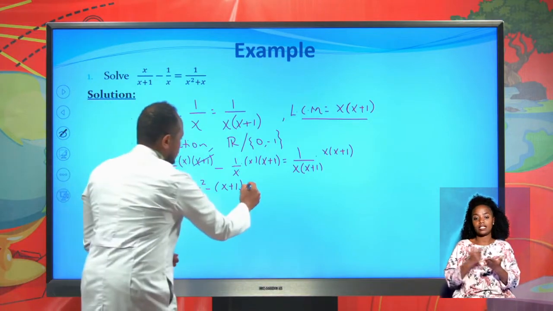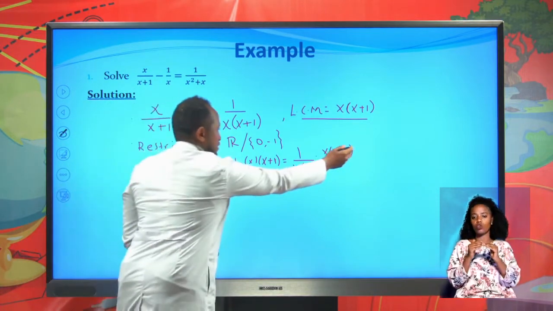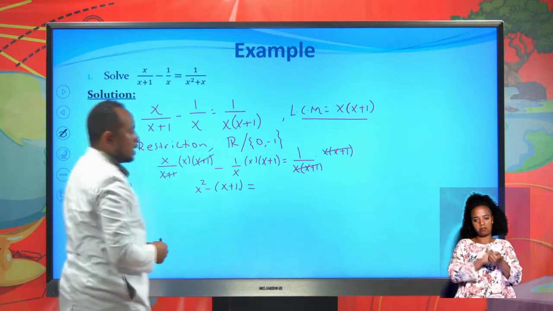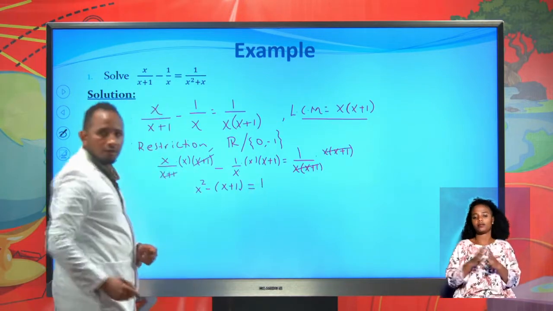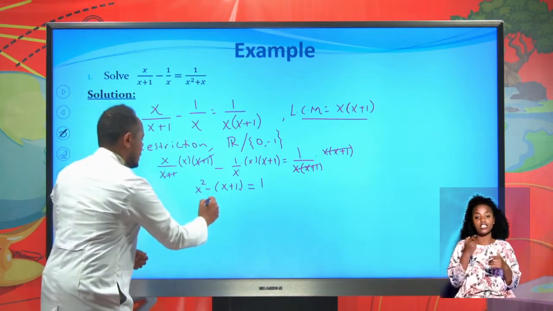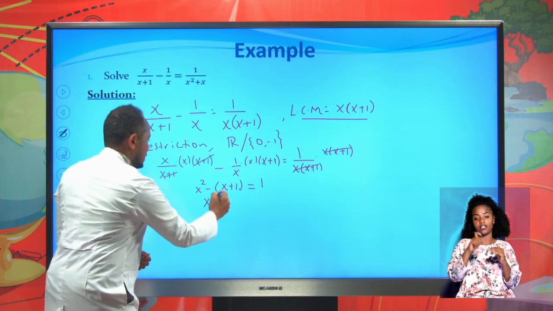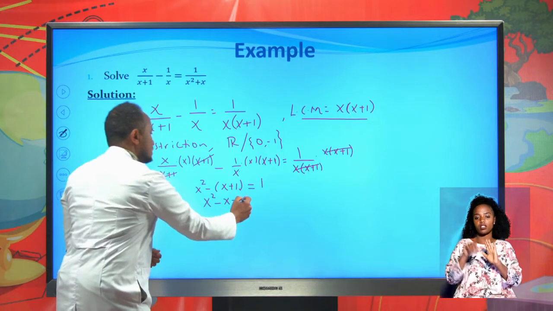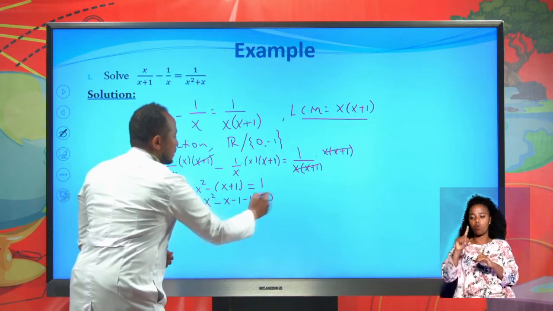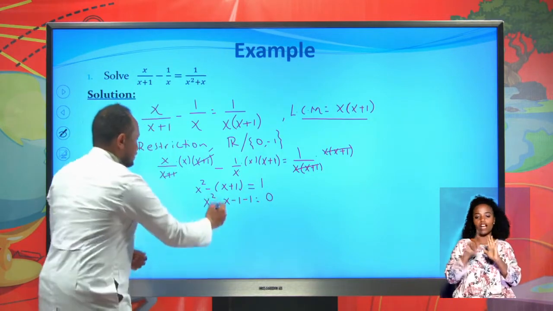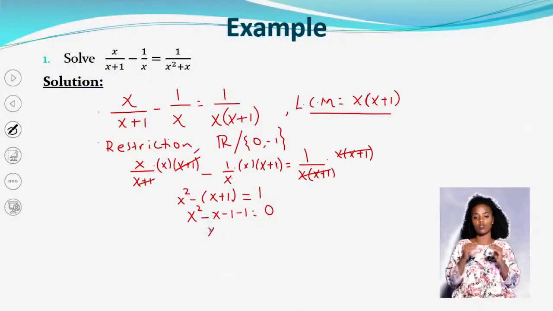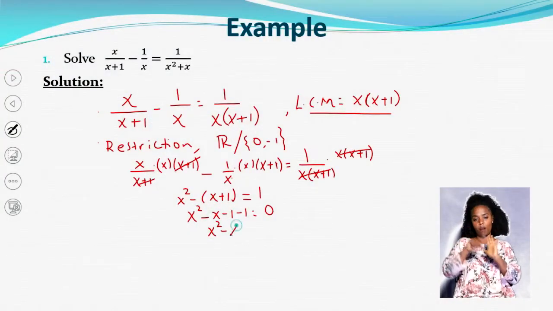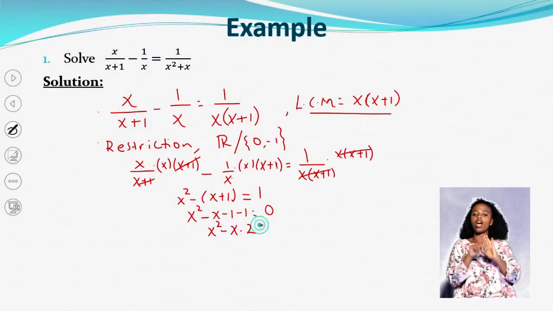This must be equal to 1, since it cancels. Therefore, x squared minus x minus 1, take 1 to this side, minus 1 is equal to 0. Therefore, x squared minus x minus 2 is equal to 0.